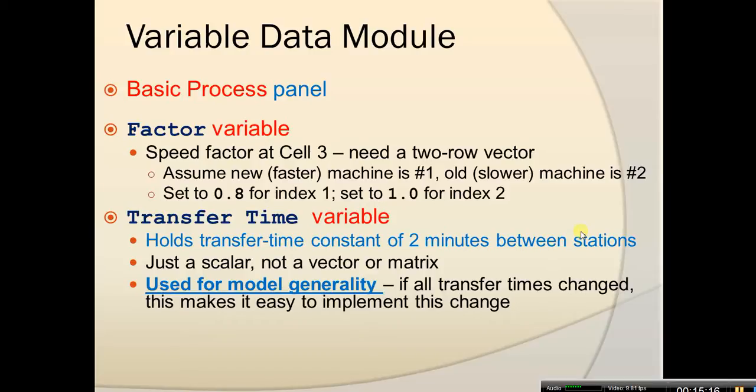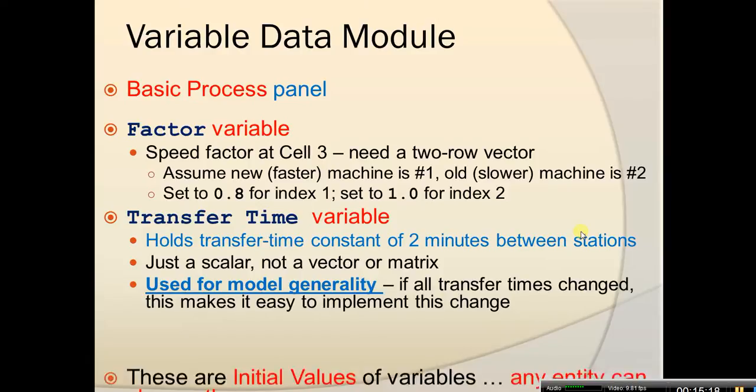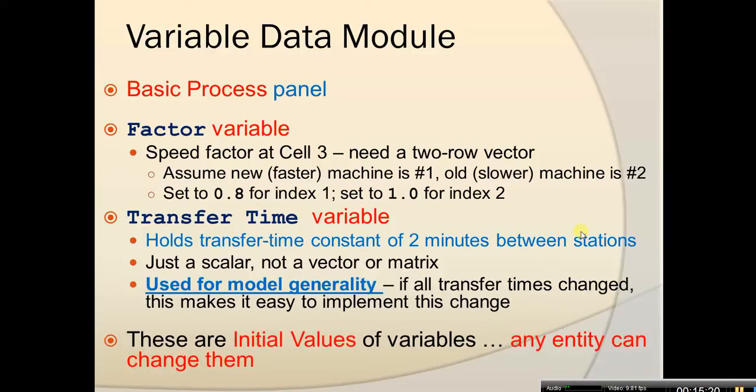So again, if all transfer times are changed, this would be easier for us to make this change from, say, 2 minutes to 3 minutes. And these are initial values of variables, so any entity can change them if you wanted to. But in this model, we'll just keep them constant.